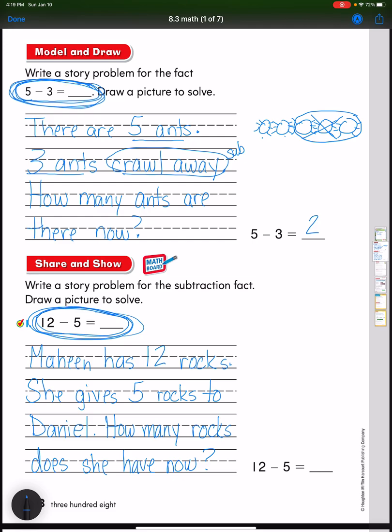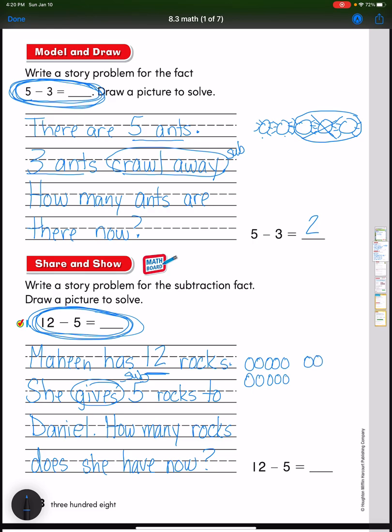All right, so there's the word problem I created using the subtraction sentence that they gave me. So Maheen has 12 rocks. She gives, remember this is a subtraction word, 5 rocks to Daniel. How many rocks does she have now? So I can draw a picture for that. This time I'm gonna just use a drawing for my pretend counters. So let's see. There's 10, 11, 12.